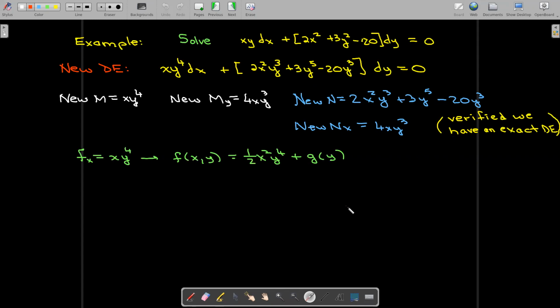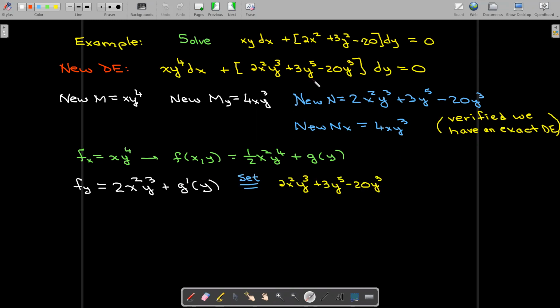Well, I say that the new m is the partial of f with respect to x, anti-differentiate with respect to x. That gives me a candidate for my function f. Since I anti-differentiated with respect to x, the next step will take the partial derivative with respect to y, and I'll set that equal to my new n, which must be my partial of f with respect to y.